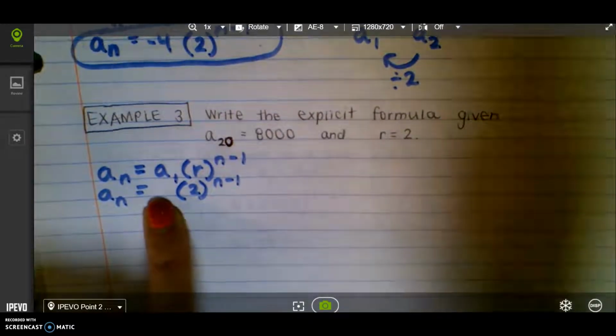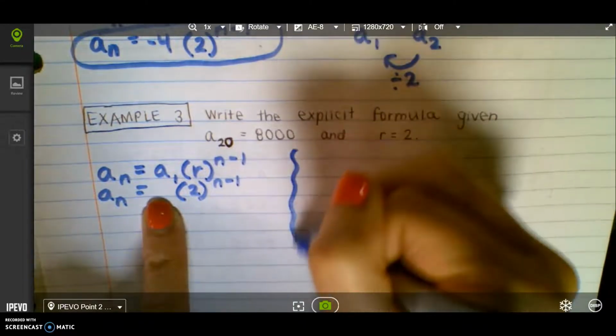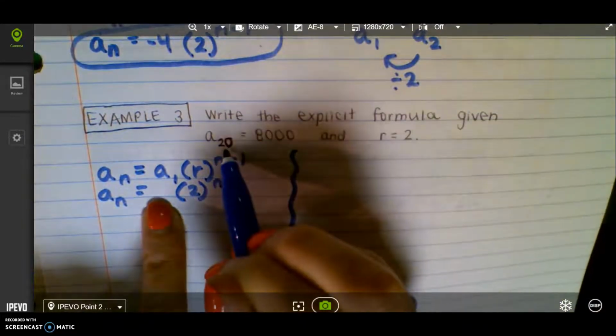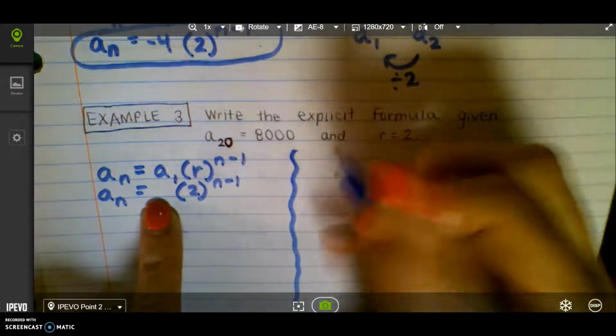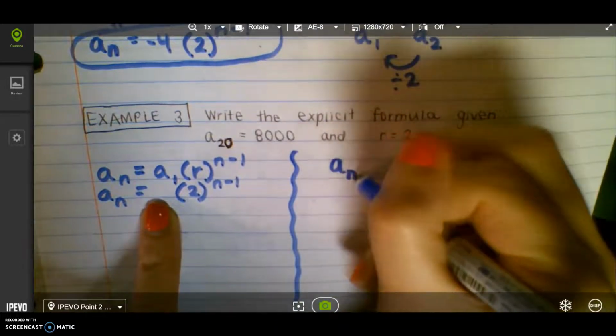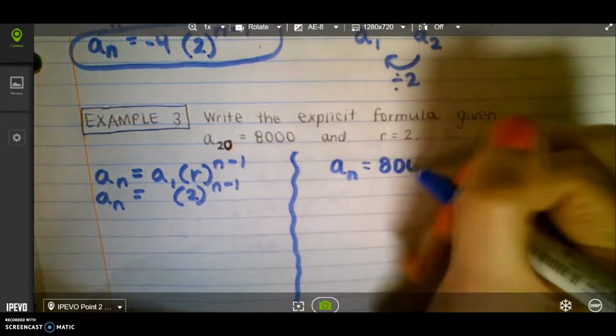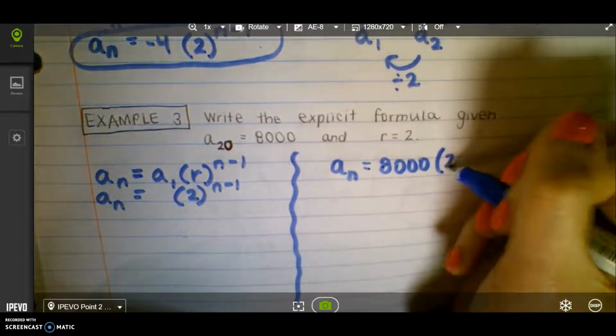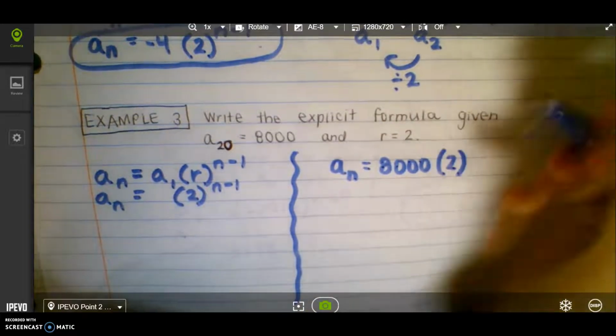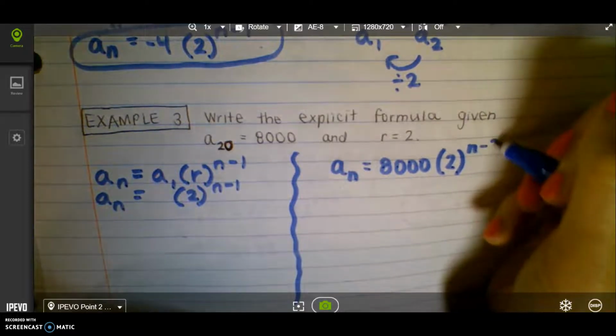So how do I figure out a sub 1? This is when I use one of the different versions of the formula. I'm going to use the 20th term version of the formula. So I have a sub n equals the 20th term, which is 8,000, times 2 to the n minus 20.